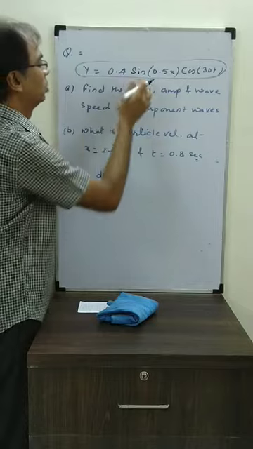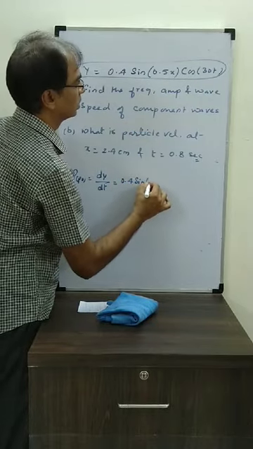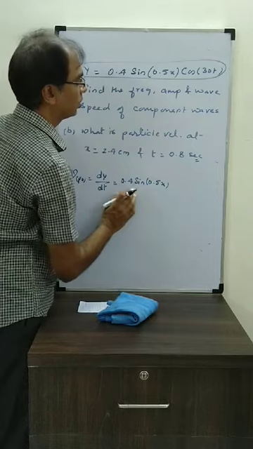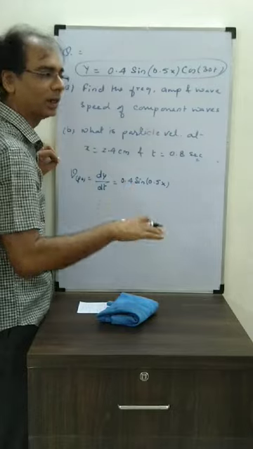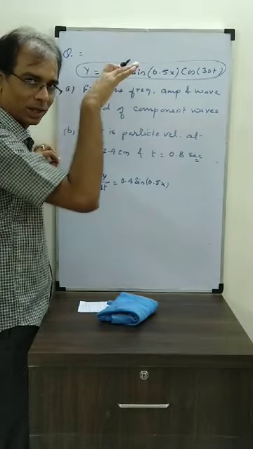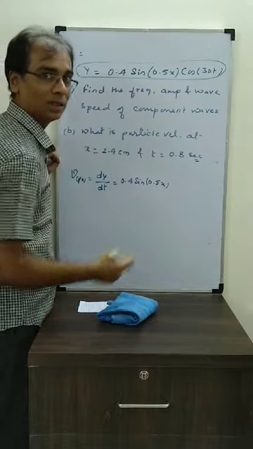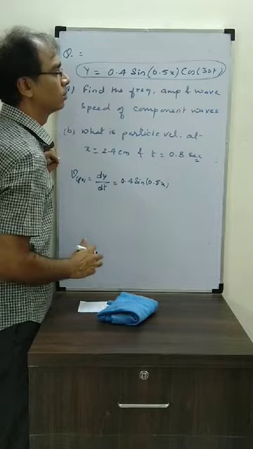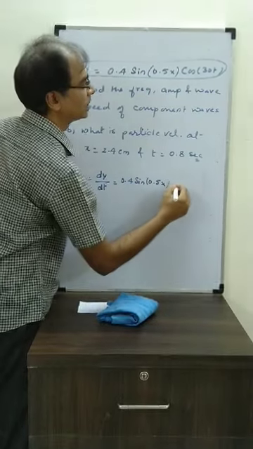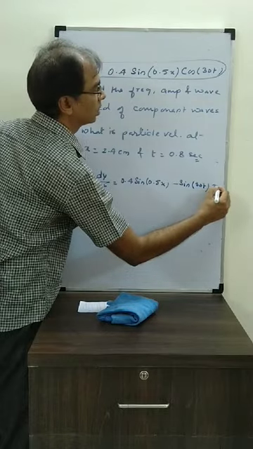So 0.4 sin(0.5x). Now all of this becomes constant, because we are talking about a particular particle moving along the y-axis, so its position along x is constant. Then the differentiation of cos 30t: differentiation of cos is minus sine, so minus sin(30t) into 30.